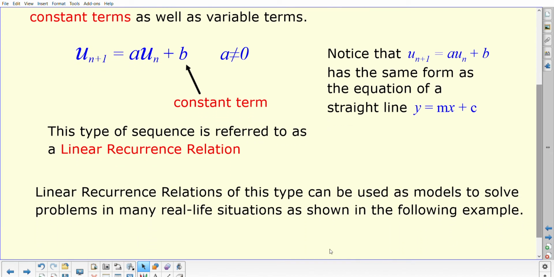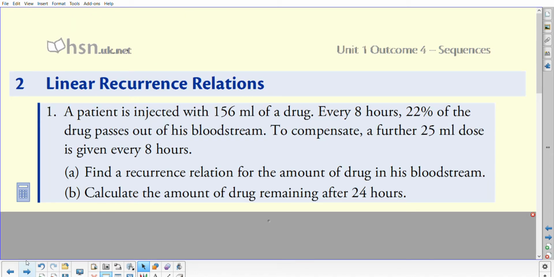practical applications of this. We can use linear recurrence relations to model certain real life situations. So we're going to look at one example where that would be the case. So this one here: a patient is injected with 156 millilitres of a drug. Every 8 hours, 22% of the drug passes out of his bloodstream.